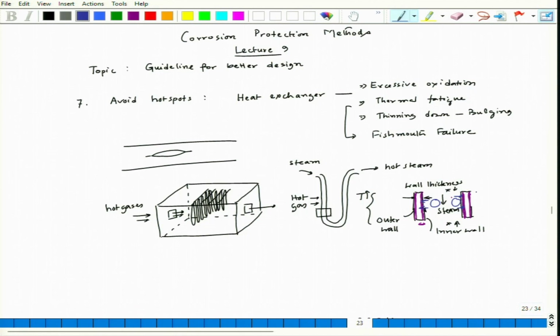That is what bulging is. You can have a bulging like this, and here also bulging happens. At the same time, if that stress becomes critical, beyond the fracture load of that thin segment of the wall, then there could be a blast as well as crack formation, and then the crack will grow, and that is the fish mouth failure. This is called fish mouth.